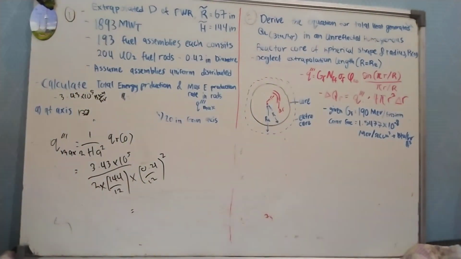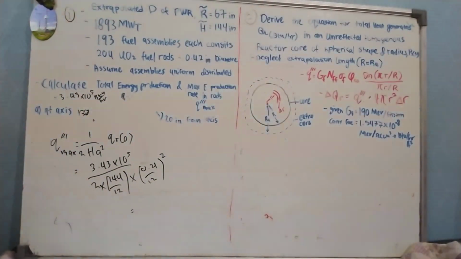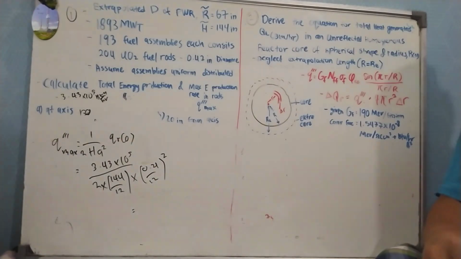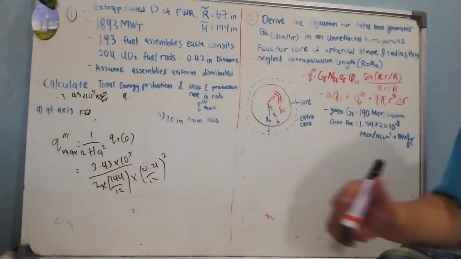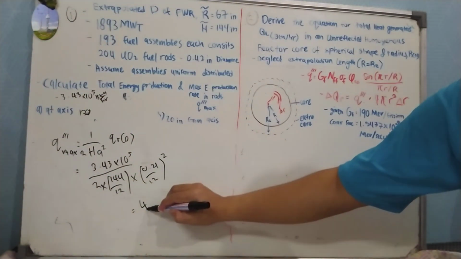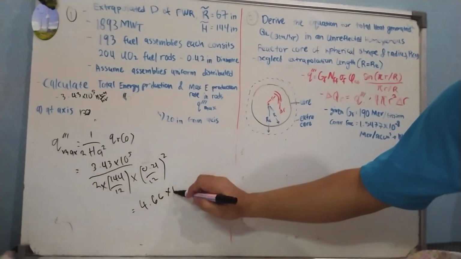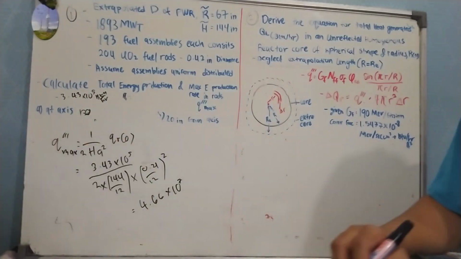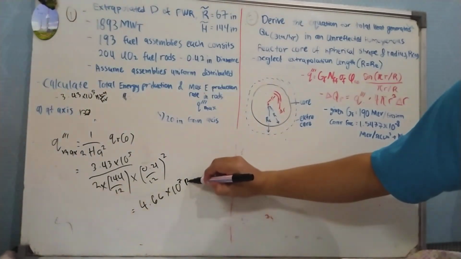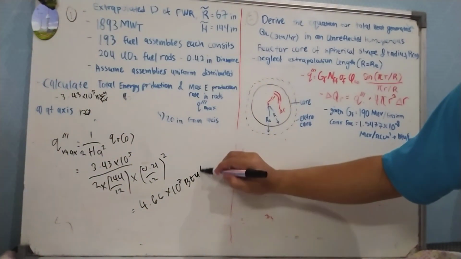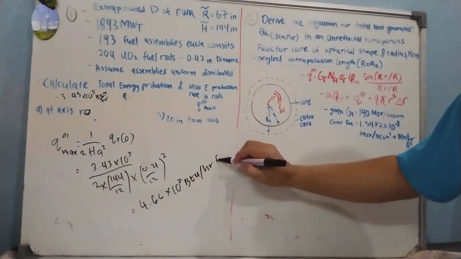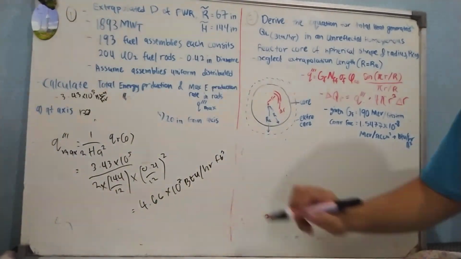So the final answer is 4.66 times 10 power of 7 BTU per hour feet cubic.